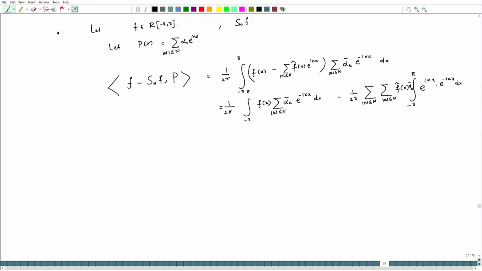So we pull out both the sums, and we have f hat of n alpha k bar times the integral from minus pi to pi of e to the power i n x into e to the power minus i k x.